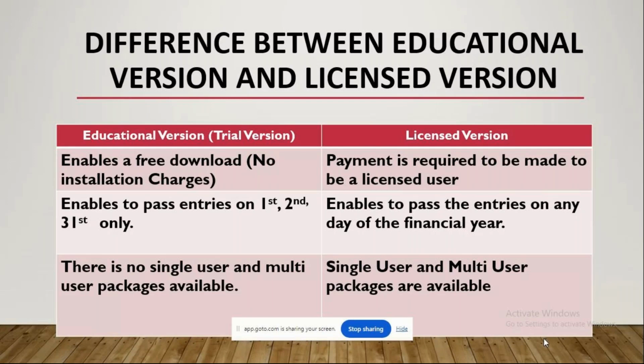I can freely download it and access the TallyPrime software. But when it comes to the licensed version, of course, I need to make the required payment. I need to purchase the software and then I can start working. I'll be a licensed user. This is the first and foremost main point of difference between the trial and the licensed version.